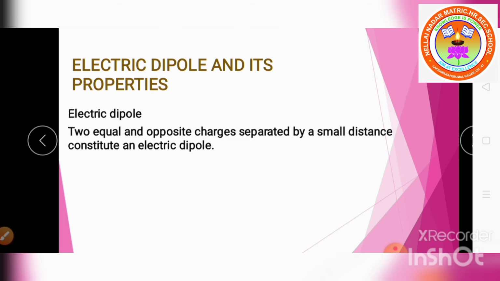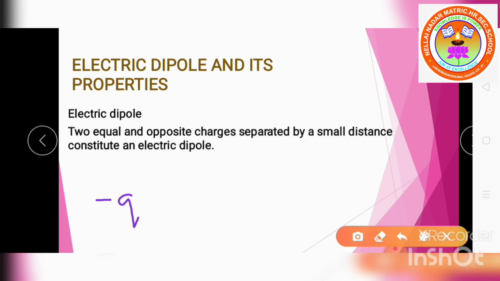That means we can take one charge as minus Q and the other as plus Q. Two equal magnitudes, here also Q, here also Q. The first and the second, two equal and opposite charges separated by a small distance, are called an electric dipole.